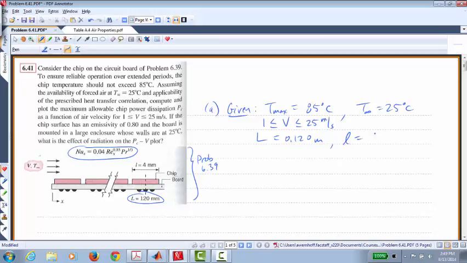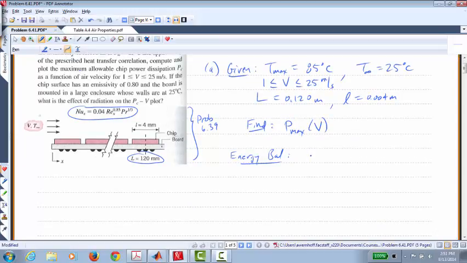And we're also shown that the chip has a width of 4 millimeters. Also, the chip is square. We're also provided with the Nusselt correlation that's shown here in the figure. So given these things, we want to find what is the maximum power you can get as a function of velocity.